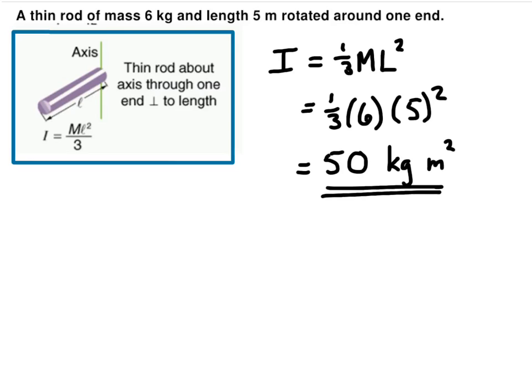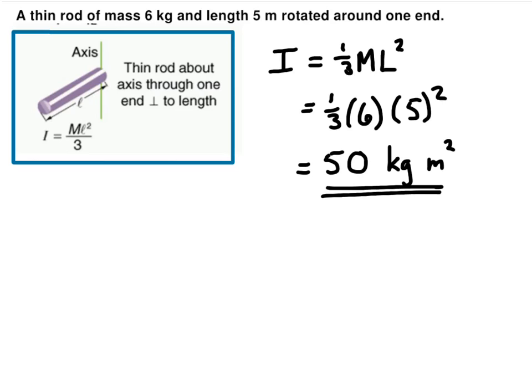So the trickiest part about finding the moment of inertia of rigid bodies is actually figuring out which formula do I use. Because this rod's being rotated around one end, I use the formula for a thin rod rotated around an end, and that's going to be ml squared over 3.